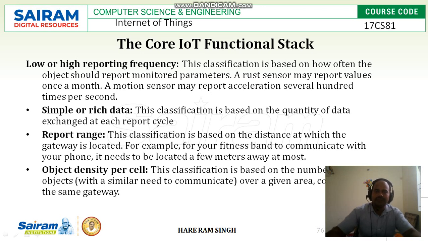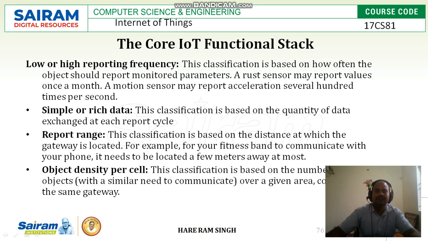For example, a rust sensor may report values once a month. That sensor, which recognizes rust on any object, will report once a month. A motion sensor may report acceleration several hundred times per second. Motion sensors can report the acceleration of any object several hundred times per second. So this is another criterion to divide the things.